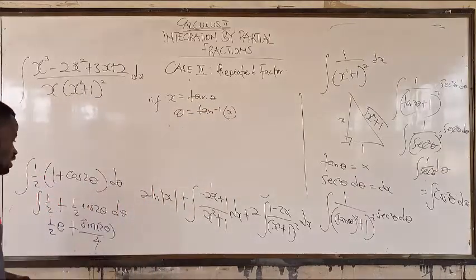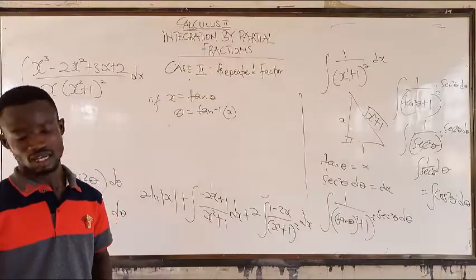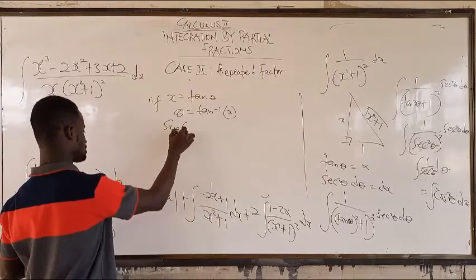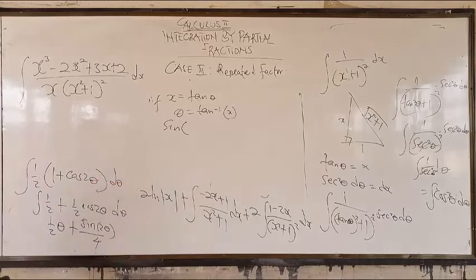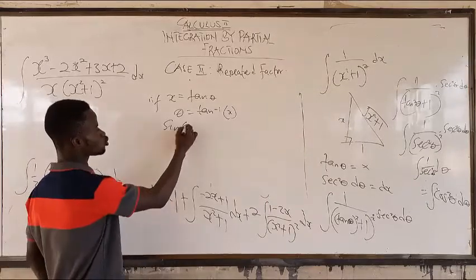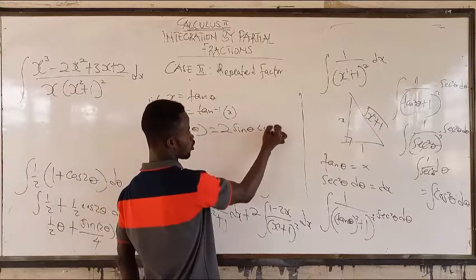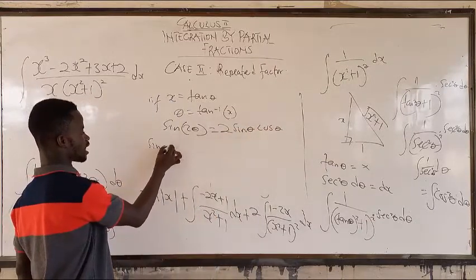So we have established that. And we know that sine 2 theta is equal to 2 sine theta cos theta. So from a diagram, what is sine theta?